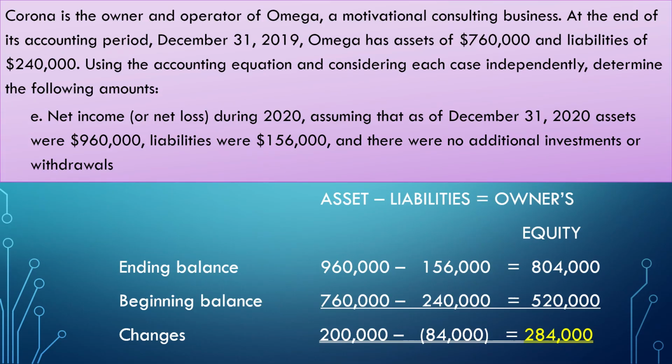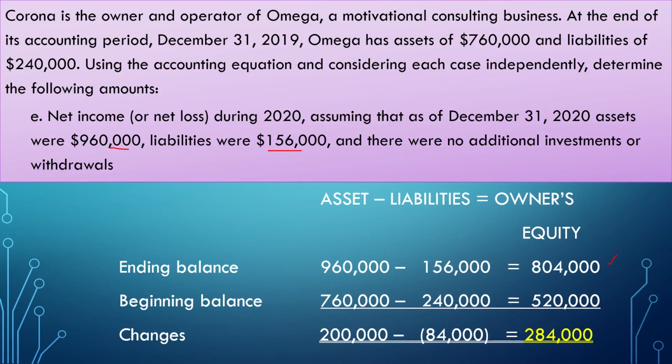So to answer letter E, you have there a given ending balance already, right? So we start with the ending balance given, 960 and 156 for assets and liabilities. So you can compute the owner's equity. So that's 960 minus 156. You get 804,000 owner's equity. And you also have the beginning balances given.